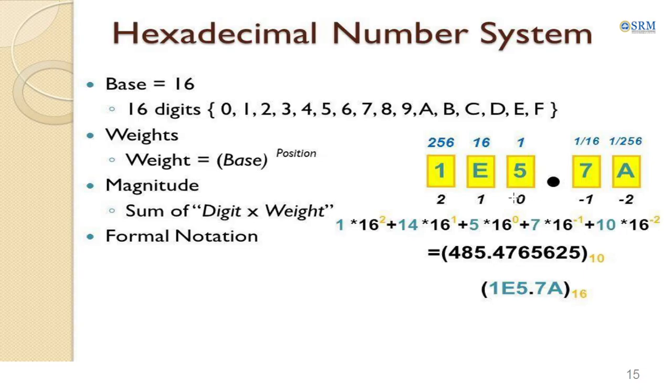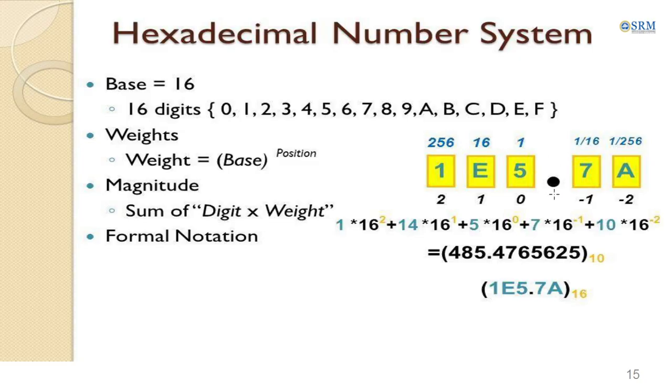The weight of the digit 5 is 1. Similarly, E is 14, having position 1, and the weight of E is 16. Similarly, for the digit 1 over here, the position is 2 and the weight is 256.